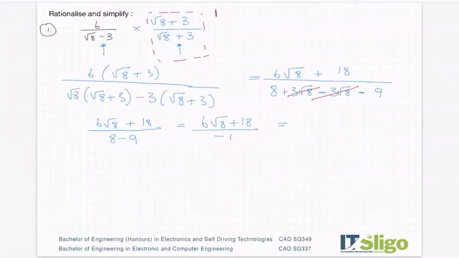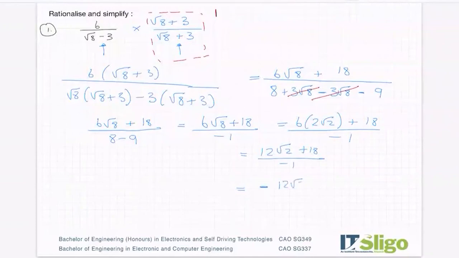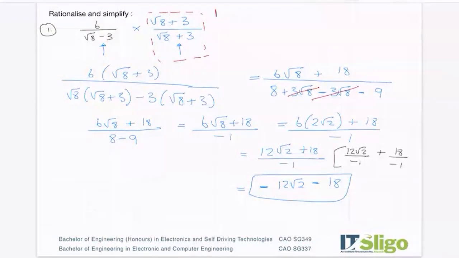So you'll get 6 times 2 root 2 plus 18 all over minus 1, which is 12 root 2 plus 18 all over minus 1. So divide in that minus 1 and you'll get minus 12 root 2 minus 18. Okay, so how you divide by a number on the bottom, both bits are over the minus 1. Okay, so I could have written it as 12 root 2 over minus 1 plus 18 over minus 1. And the plus over the minus gives me my minuses.